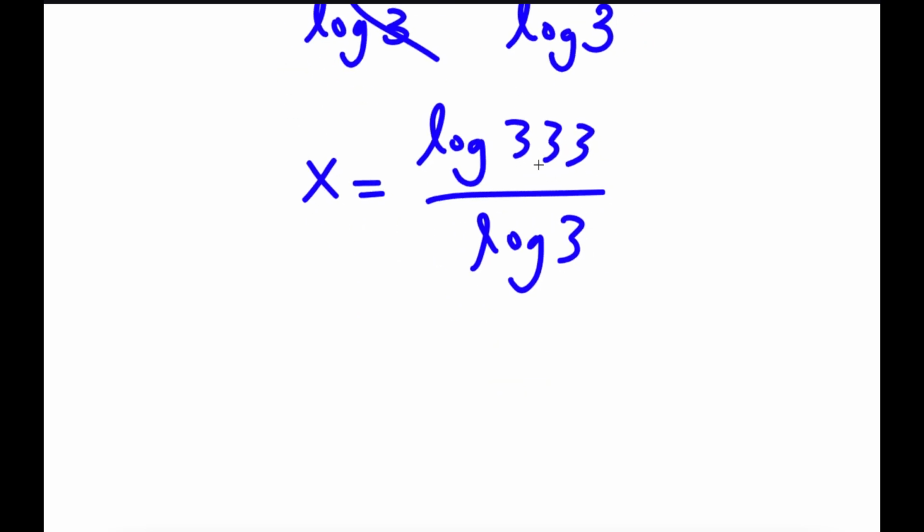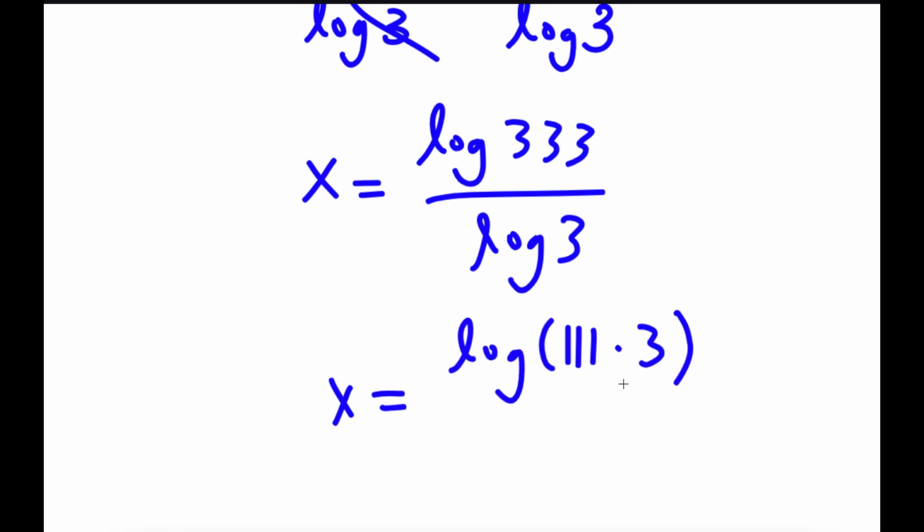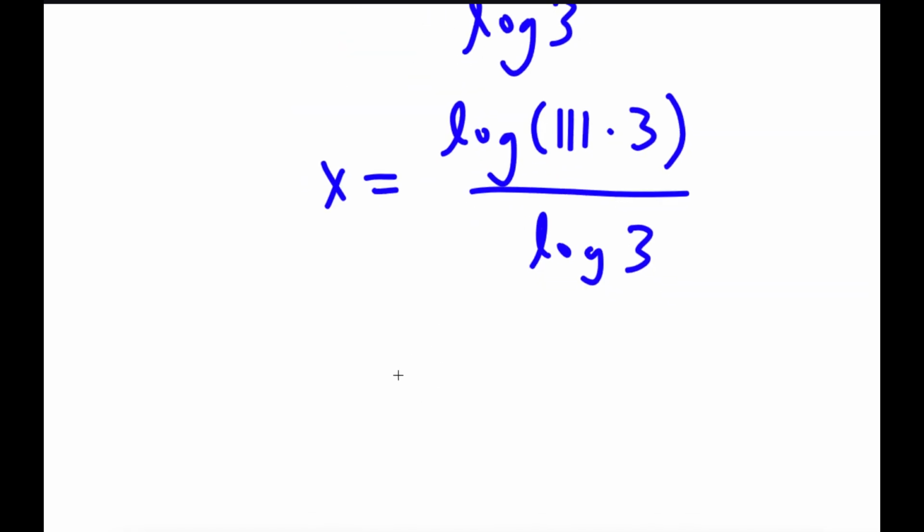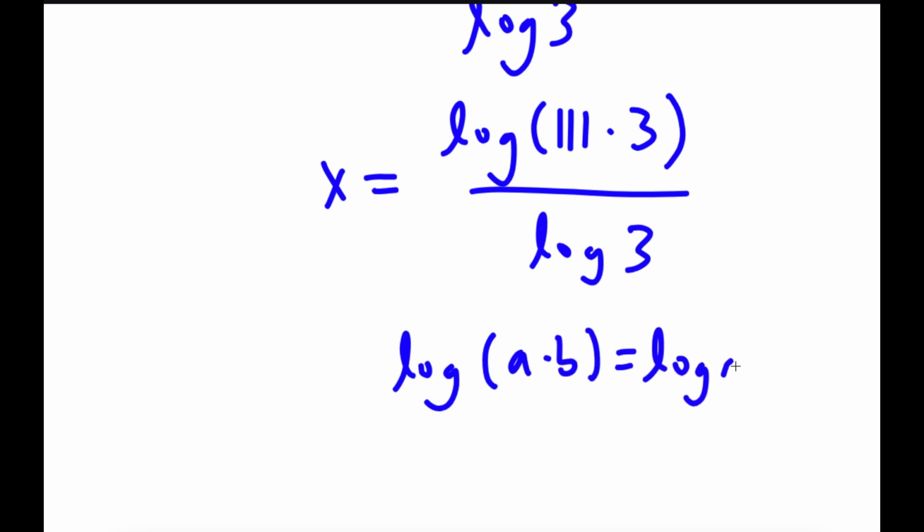And now I'm going to rewrite log 333 as log 111 times 3 over log 3. And if I have something in the form log a times b, this is equal to log a plus log b.